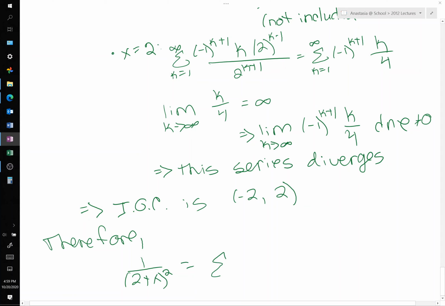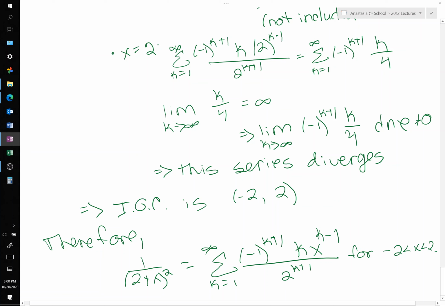We have our power series, so this is a sum from k equals 1 to infinity of -1 to the k plus 1 times k times x to the k minus 1 all over 2 to the k plus 1, and this is true for -2 less than x less than 2. And there is our final answer for example 3.